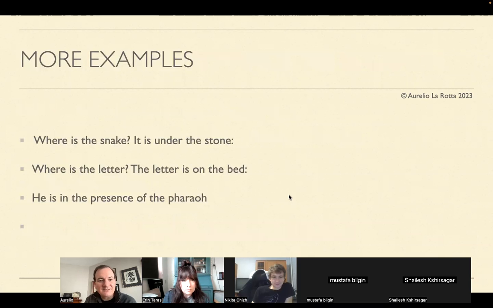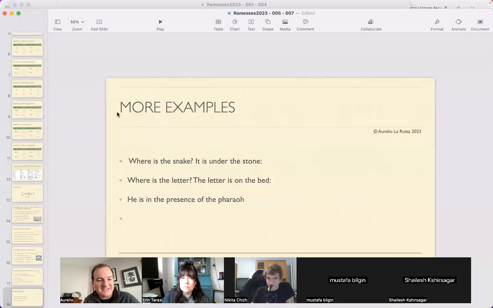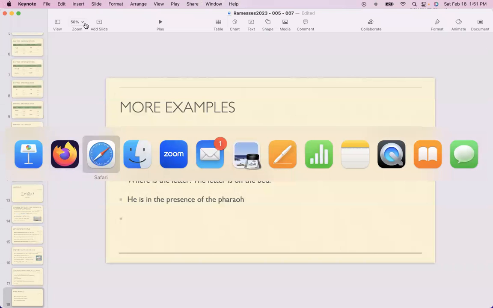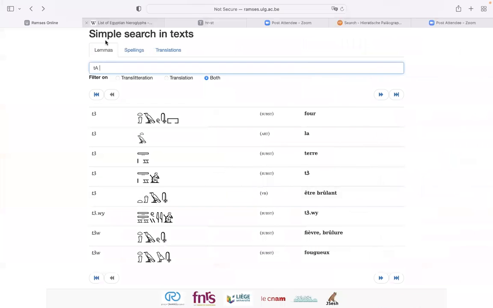And so, for example, if you wanted to say, where is the snake? It is under the stone. Let's do that. It's actually my last slide for today. We're doing well on time. But I think one thing, we'll need the word for snake. It's Hof in Coptic. It's Khafar, if I'm not mistaken, in Late Egyptian, but let's look up how to spell that.